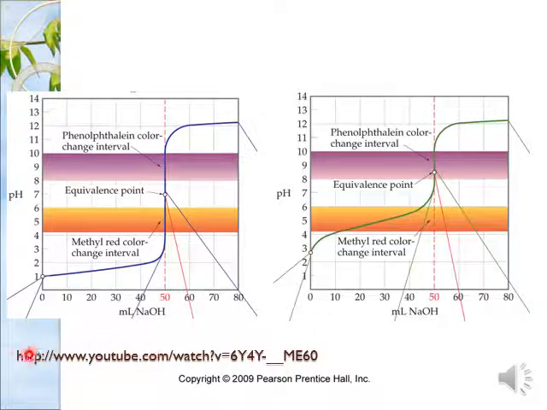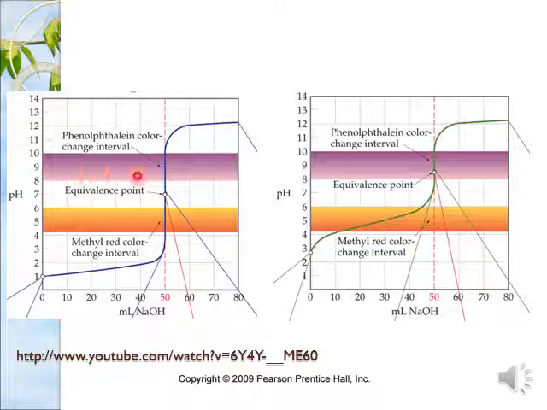This video is an example of different indicators and the color change at different conditions, basic or acid. You can watch this video on your own free time. Here is an example of a titration curve using methyl red indicator and also phenolphthalein.